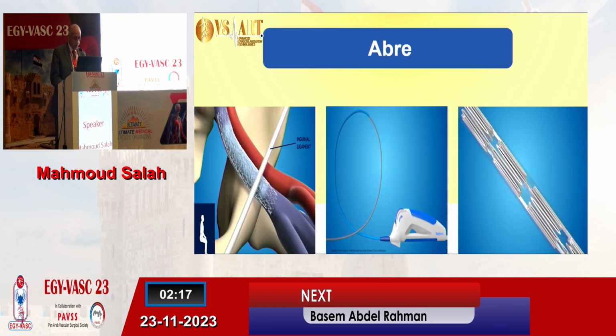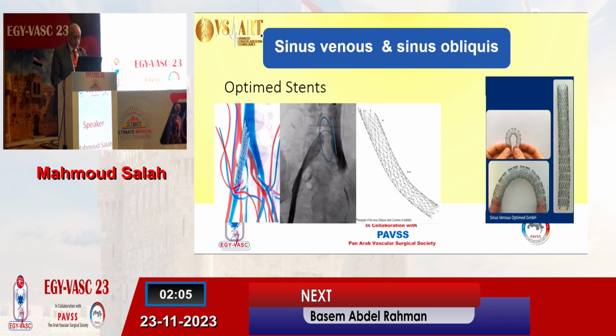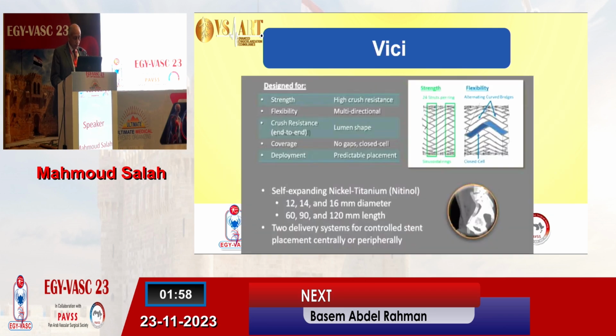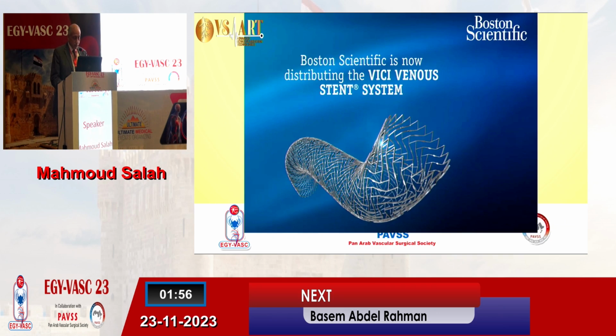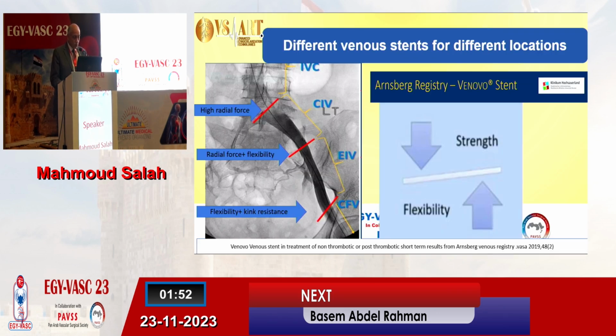This is the Abre. They have different types and different delivery systems. This is the Abre again, and this is the Sinus Venous and Sinus Obliquus from Optimed. This is the Vici, and the BlueFlow.